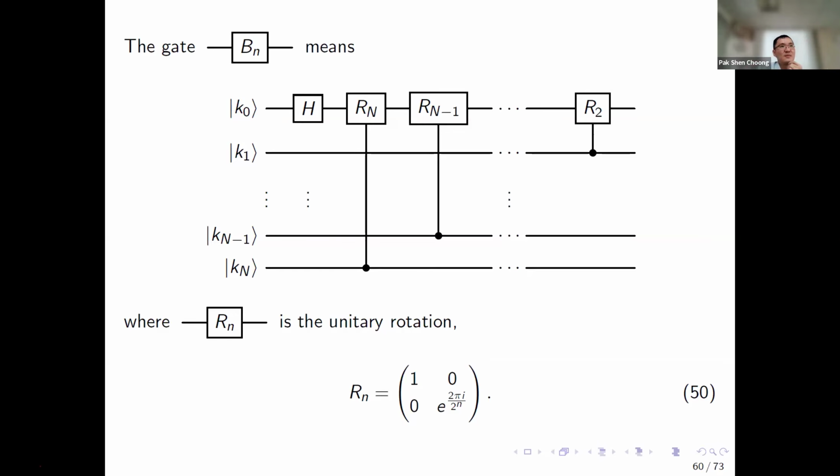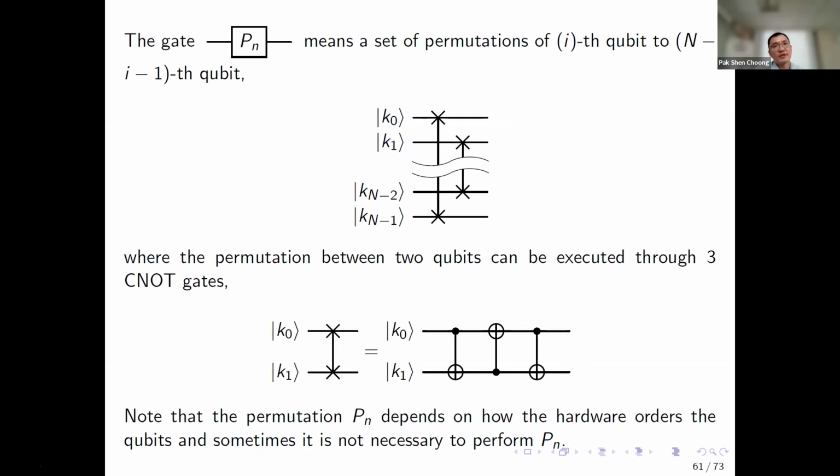So what is Pn? Pn, as I said, is the permutation gates. The notation is basically a cross connecting two qubits. So if you see something like this, the first notation here switches Kn minus 1 and K0. So Kn minus 1 becomes K0, and K0 becomes Kn minus 1. Over here, Kn minus 2 becomes K1, and K1 becomes Kn minus 2.